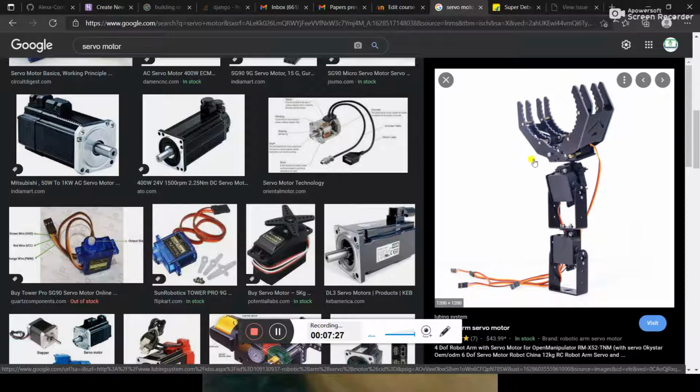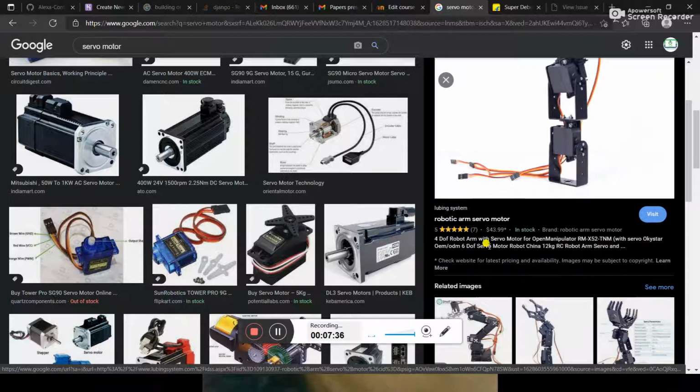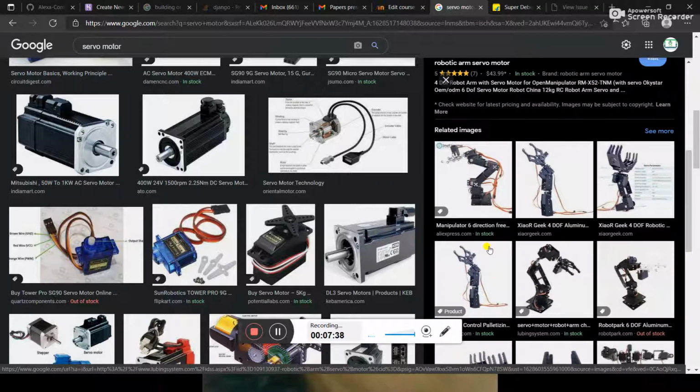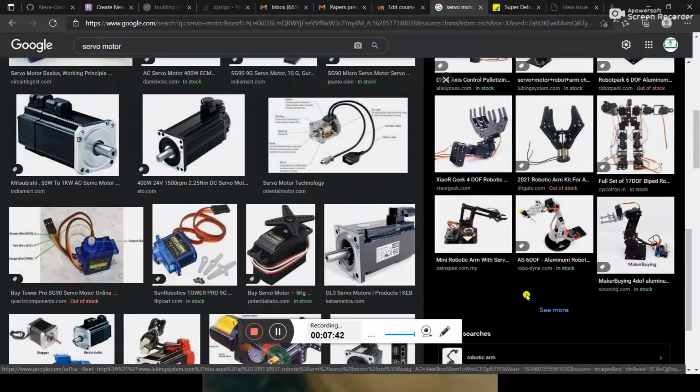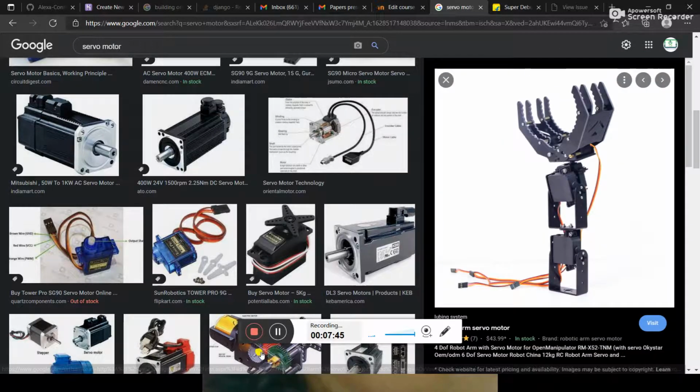You are students of specialization, you have studied robotics, so I suggest you make a robotic hand at least, which will be very good for you. Here I am finishing my lecture about the servo motor.